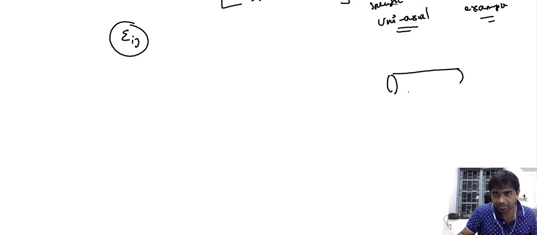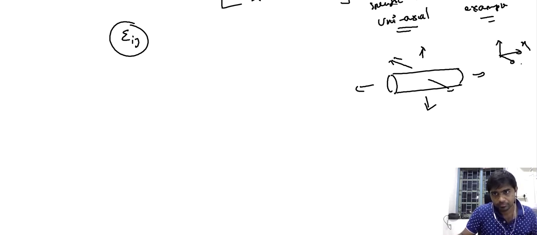So we have our x, y and z directions, and along all these three different directions we are imposing our load. So we are imposing the loads px, py and pz.